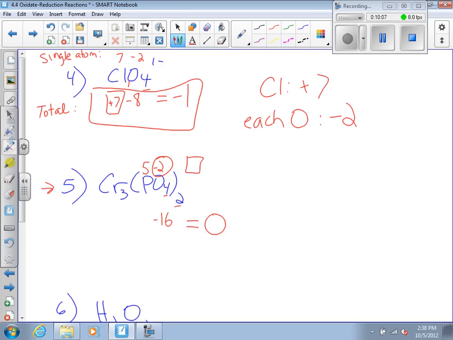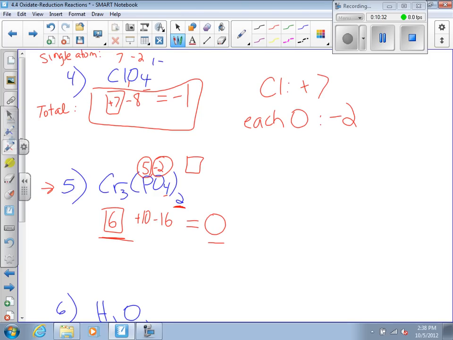Okay, phosphorus, 5, and I have 2 phosphoruses, so the total there is +10. Now what do I add to 10 minus 16 to make this whole thing add to 0? Hopefully you realize it's 6. 6 plus 10 minus 16 is 0. Now, the total chromium is 6.